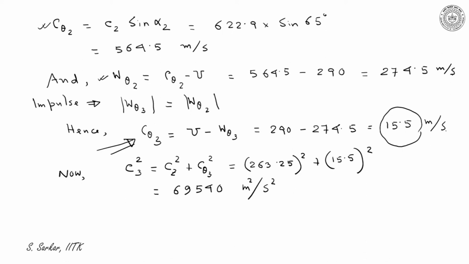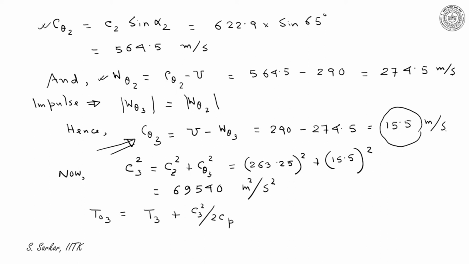Now I have got C3 squared, so I can write total temperature at the exit of the rotor, T03, is equal to T3, static temperature, plus C3 squared divided by twice Cp.